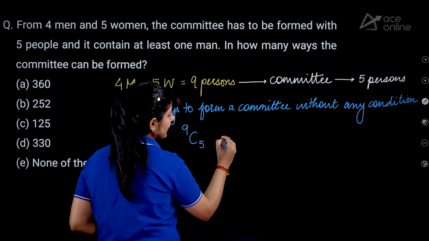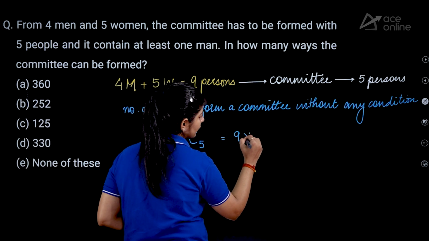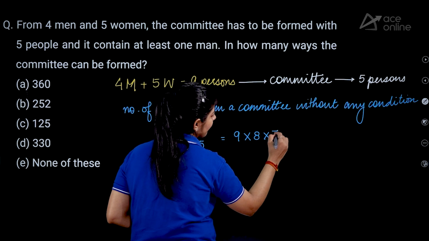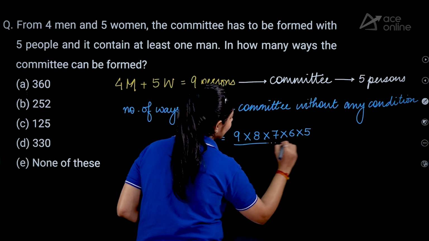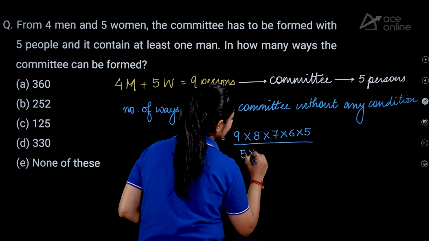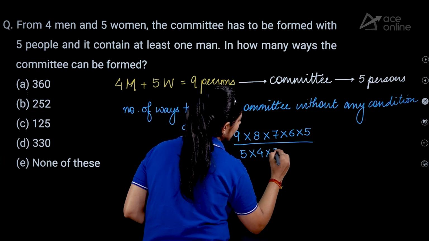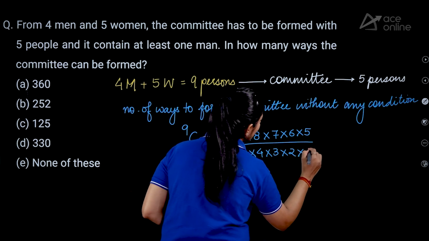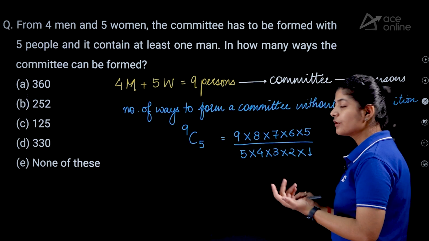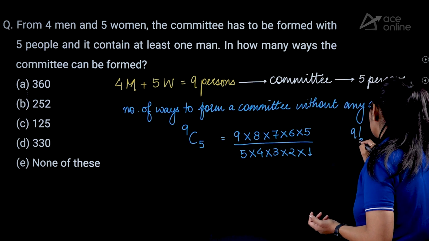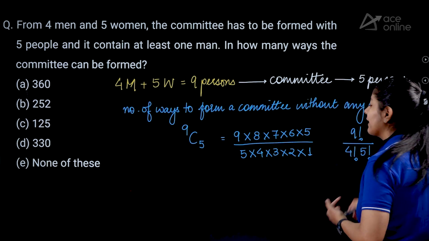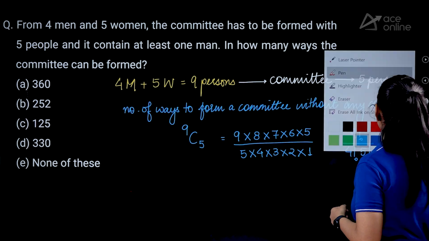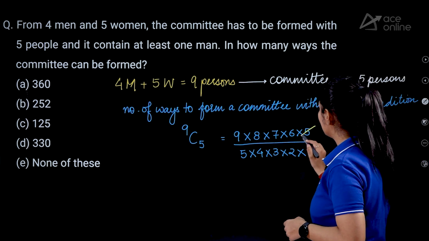So the total number of ways is 9 into 8 into 7 into 6 into 5 divided by 5 into 4 into 3 into 2 into 1, right? Or you can also write it as 9 factorial divided by 4 factorial times 5 factorial, right? So here we just eliminate the values.